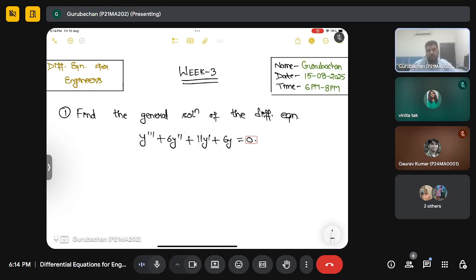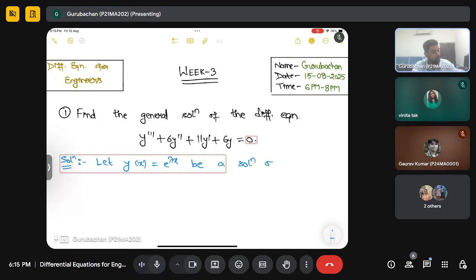So clearly this is a third order linear ODE with constant coefficient. So we'll follow the same approach as we have done in the second order linear ODE. We will assume that y(x) equals e to the power lambda x is a solution of this differential equation given in 1.